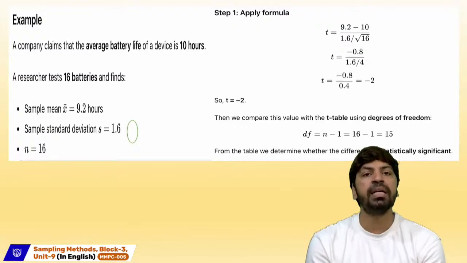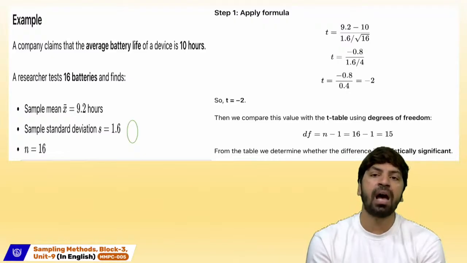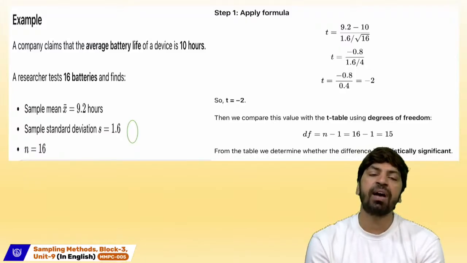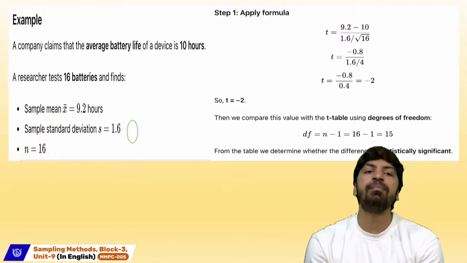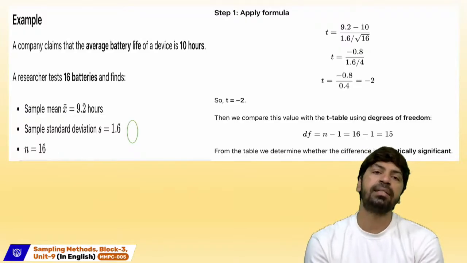A company claims that the average battery life of a device is 10 hours. The researcher tests 16 batteries and finds a sample mean of 9.2 hours, a sample standard deviation of 1.6, and n is 16.